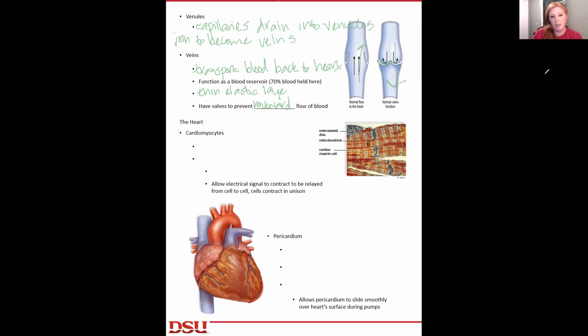There's no pump in your feet pushing the blood back to your heart. The way that blood moves is through a couple of different things, which I think we're going to talk about in this lecture or in the next one. But in order to keep the blood from flowing backwards, it has these valves that will keep it where it's at. And then the next contraction around the veins will push it forward, and then the valves will close again. Otherwise, you'd have backup.